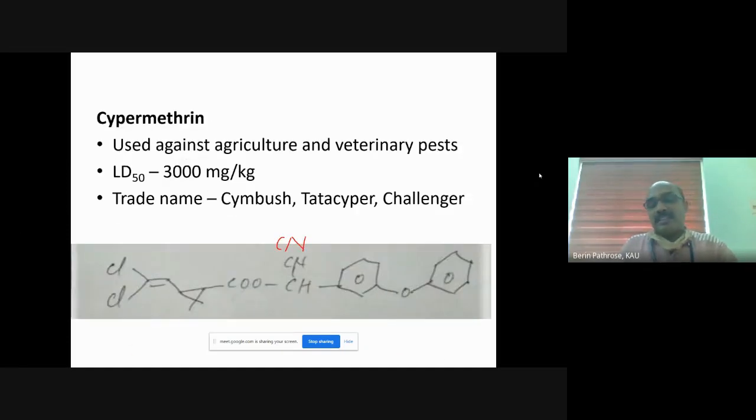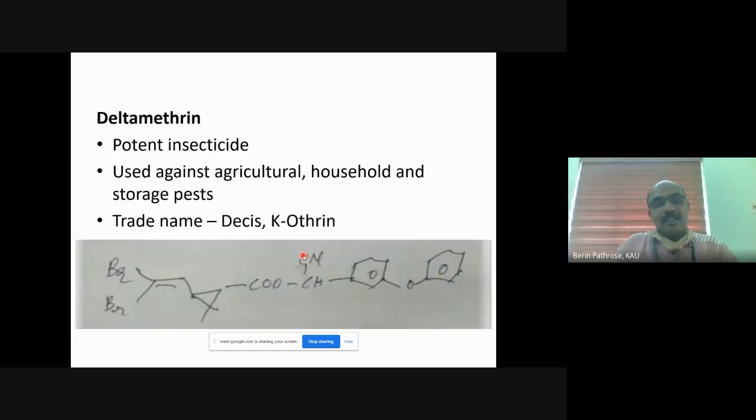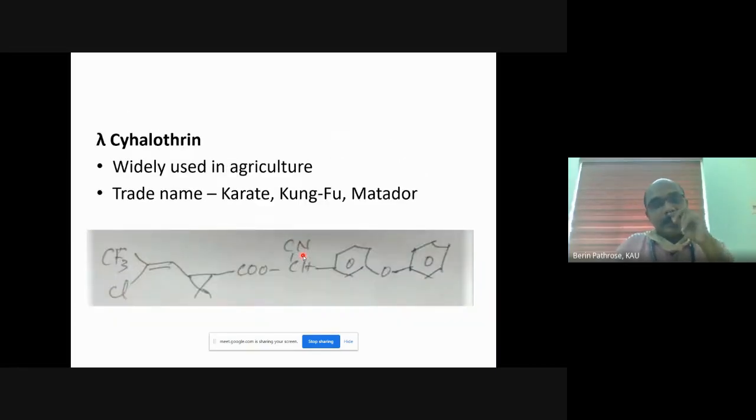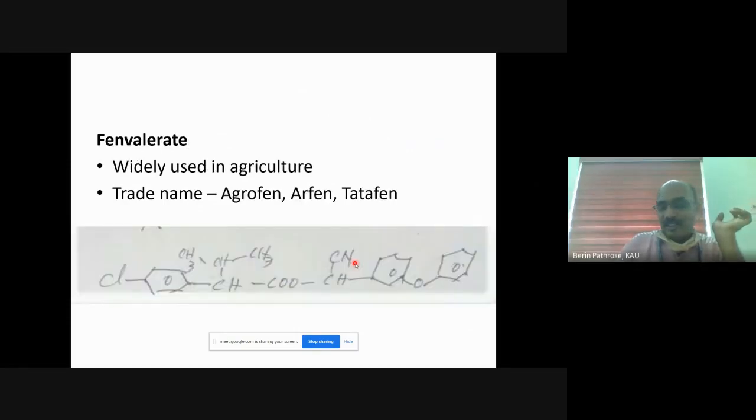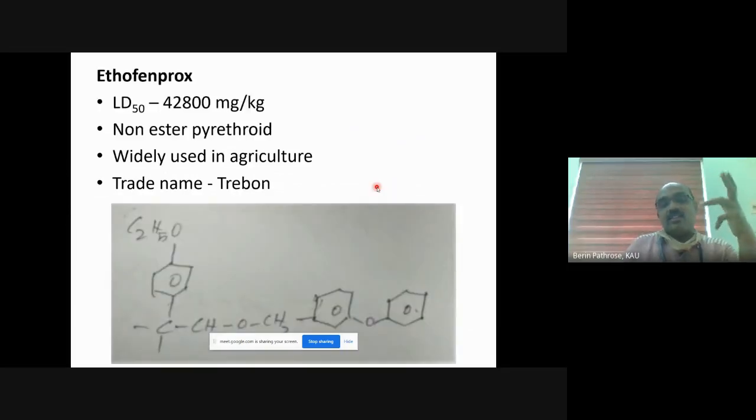Then comes cypermethrin. They started adding the cyano group. Cypermethrin, deltamethrin, beta cyfluthrin and all, it is the same. Then fenpropathrin, they started working with the acid part. They substituted the cyclopropane ring. In fenvalerate, the entire cyclopropane ring was changed, and in ethofenprox, they changed the ester bond into an ether one. So this is with respect to synthetic pyrethroids.